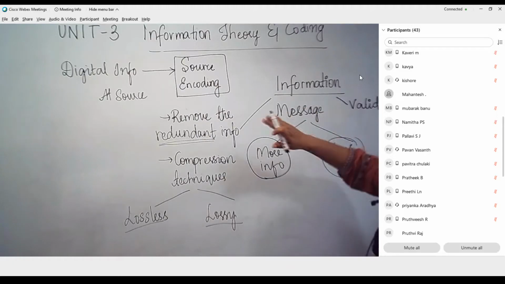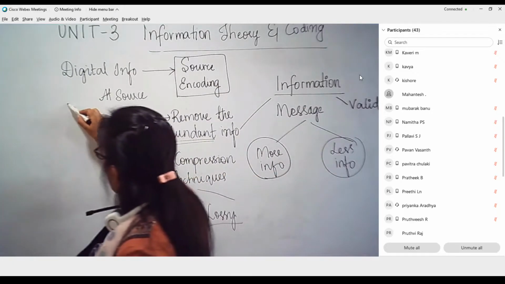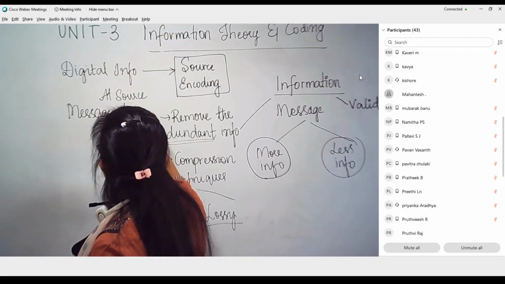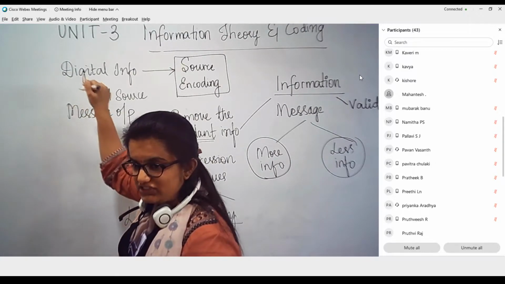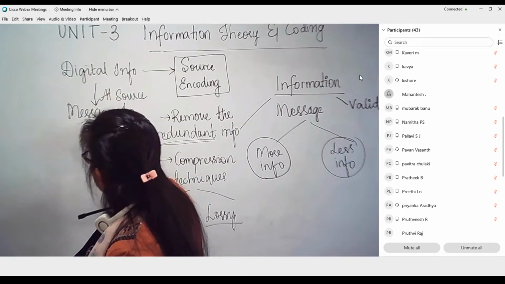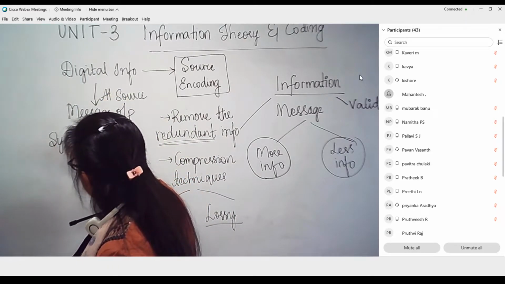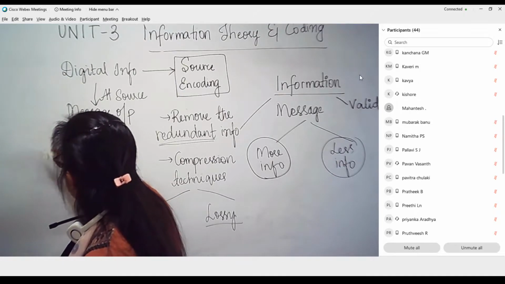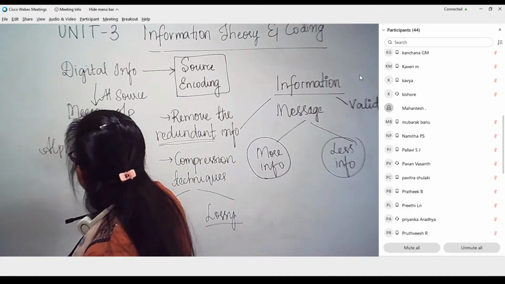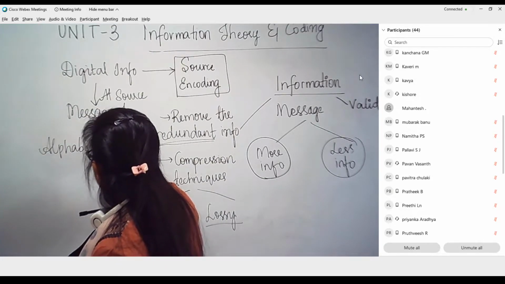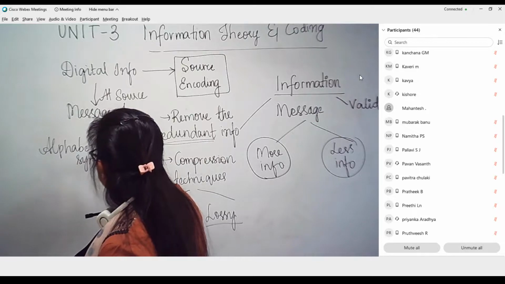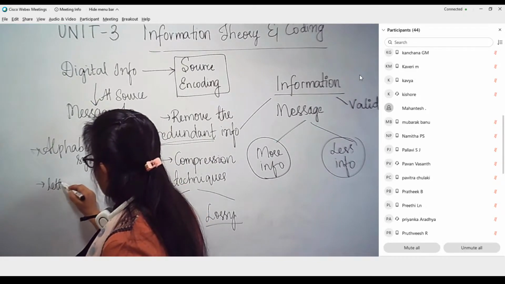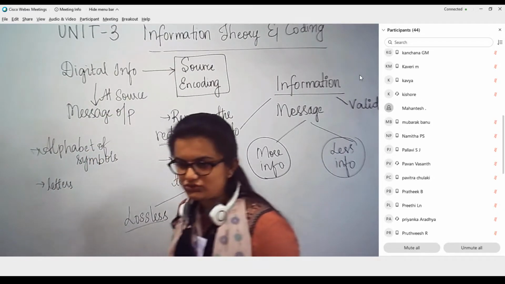Whatever the digital source gives as output, we call the message output coming out of the digital source a symbol, or alphabet of symbols, or we call them letters, or you can just call them symbols also, no issues.